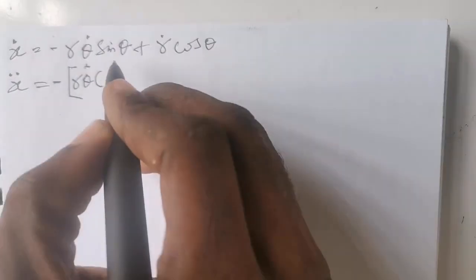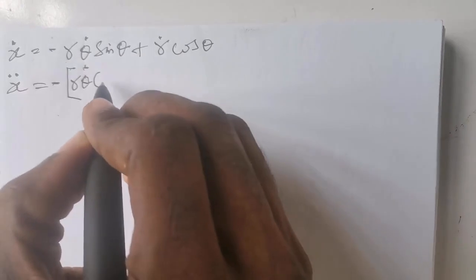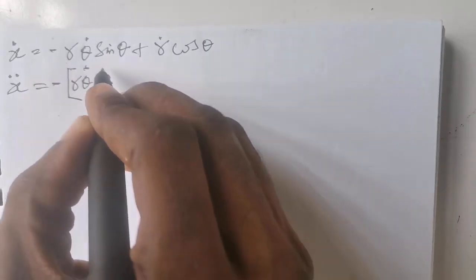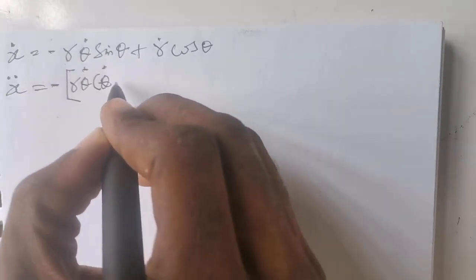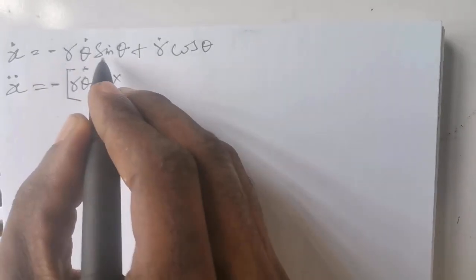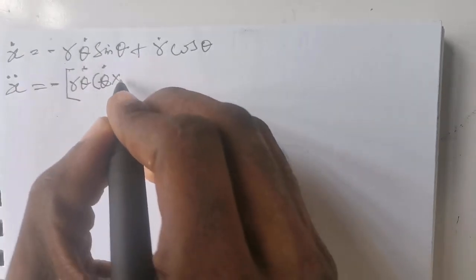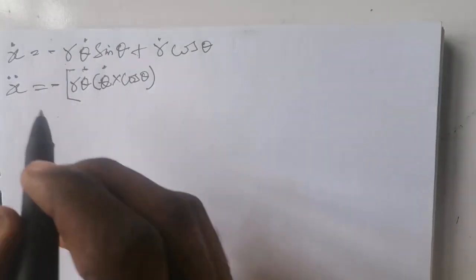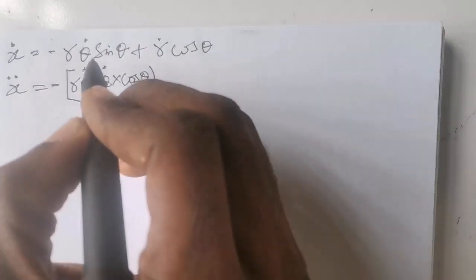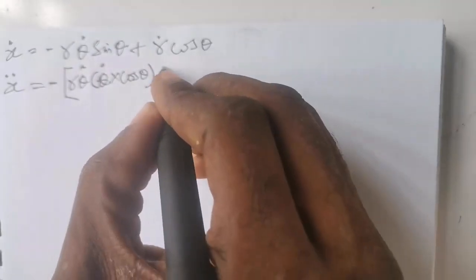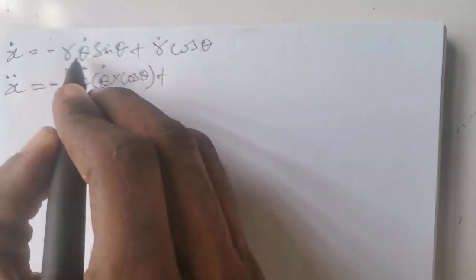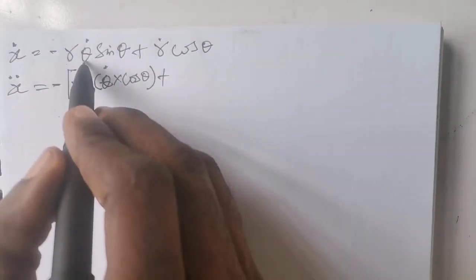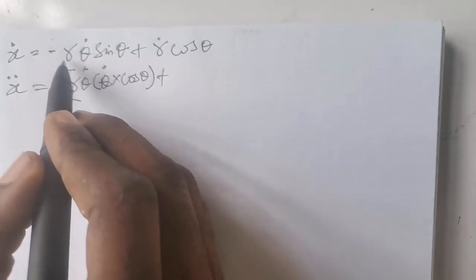So if we differentiate the angle theta, we simply have theta dot. Use this result to multiply the derivative of sine. If I differentiate sine, I will simply have cos theta. Close your bracket. So that's the first: hold r theta dot constant, differentiate sine theta, plus. Now you hold theta dot and sine theta, then differentiate r.